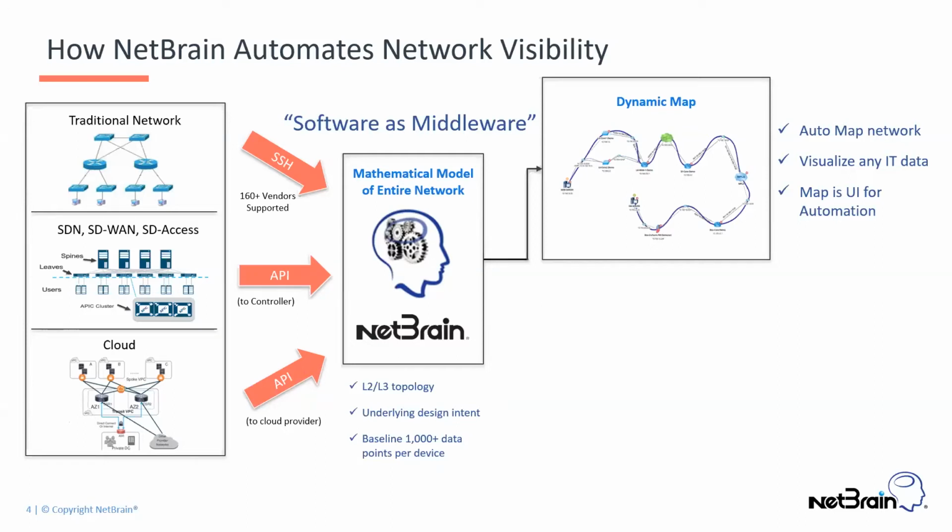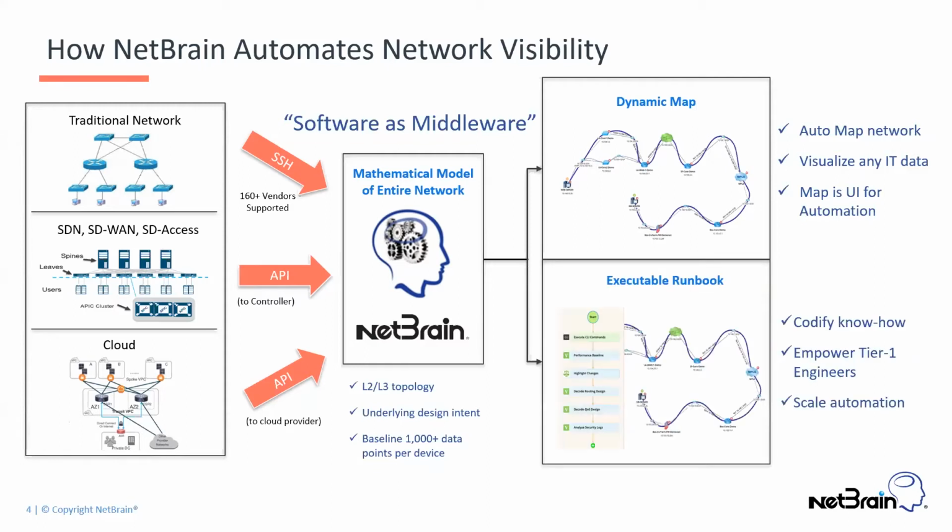First, we have the dynamic map used to map the network and visualize any network data and to provide the user interface for network automation. Second technology we have is executable runbook automation. This is used to share that operational knowledge, empower entire teams with subject matter expertise, and ultimately to scale network automation to handle any task.